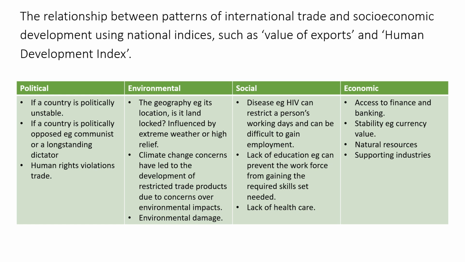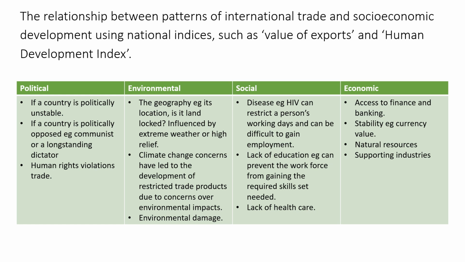There could be social challenges, disease particularly, or lack of education or lack of healthcare means that the workforce isn't functioning at its optimum, and therefore that might restrict the development of a country. And then finally, economic. Does that country have a good financial system? Does it have banks where people can get loans to start up businesses? Does it have a stable economy? Does it have a stable currency?